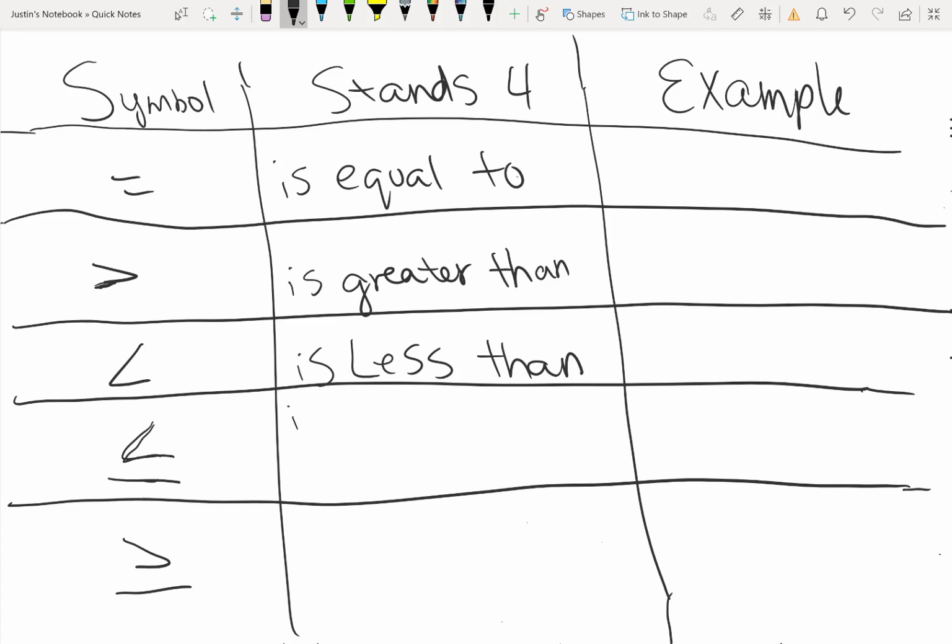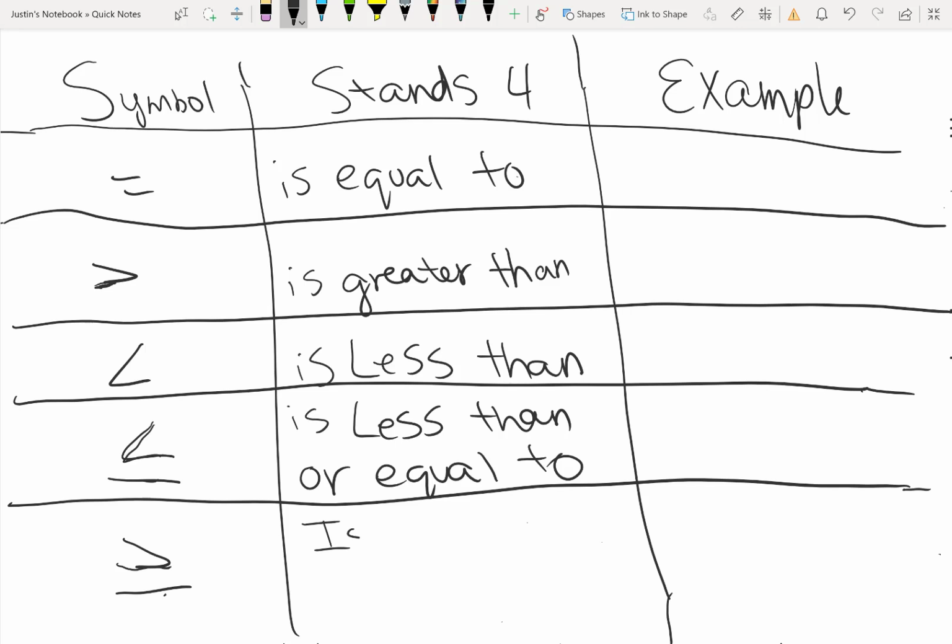So this is less than or equal to. So this one, we had the greater than sign, so that'd be greater than, and when the line's underneath that, or equal to. So the last one is greater than or equal to.